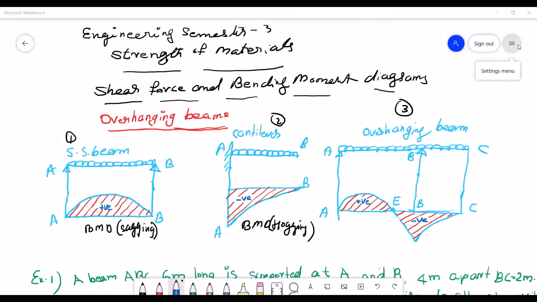In the second diagram, for the case of a cantilever beam, the bending moment diagram comes below the baseline; it is totally below the baseline and negative.